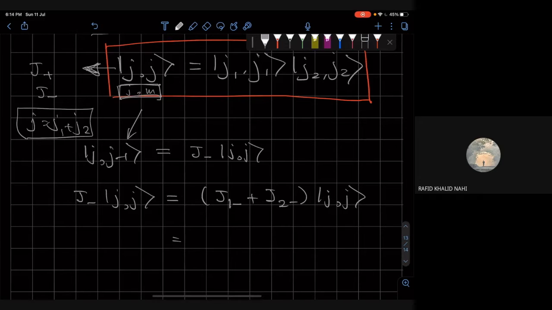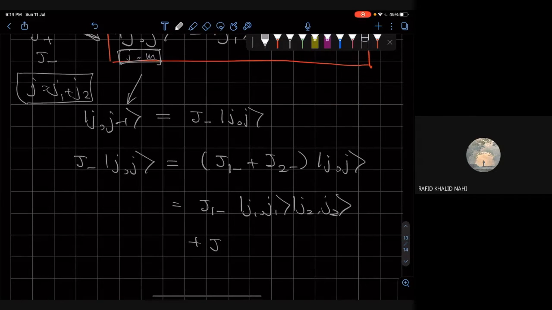But the right hand side, we can write this as j1 minus acting on j1 times j2, plus j2 minus acting on j2 times j1.